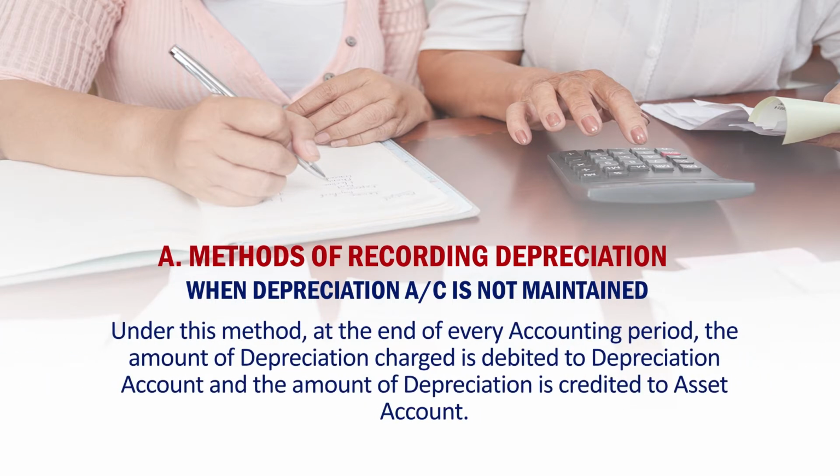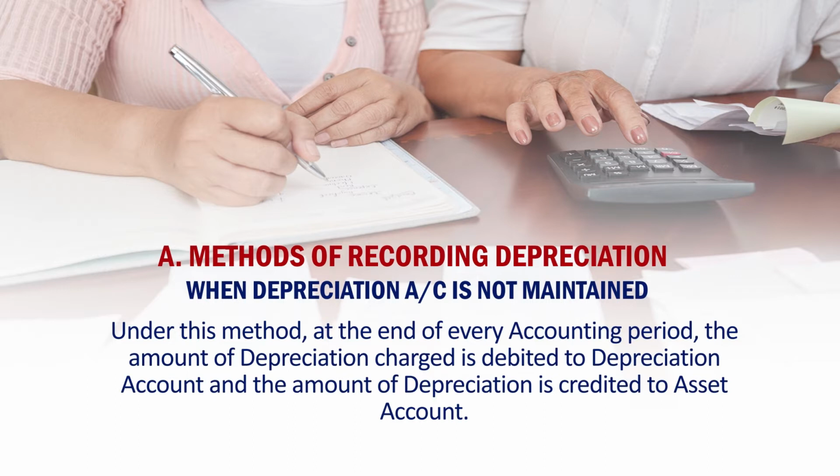Under this method, at the end of every accounting period, the amount of depreciation charged is debited to the depreciation account and credited to the asset account. So, we make the entry depreciation account debit to assets.